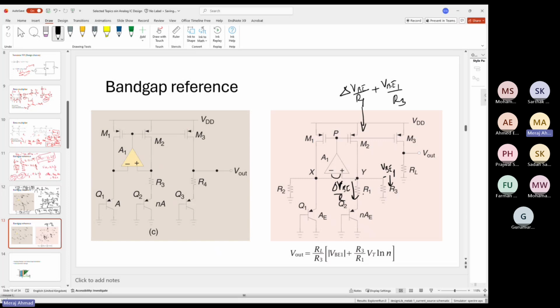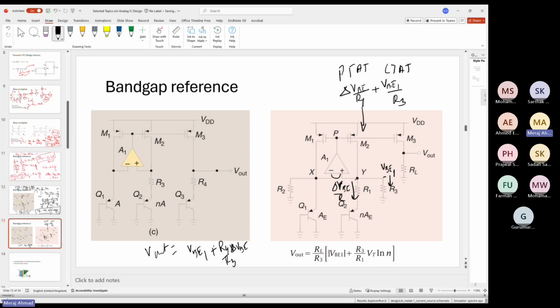So this is how your current goes, and this is your PTAT, and this is your CTAT. The drawback of the earlier one was your output was VB1 plus R4 by R3 into delta VB.